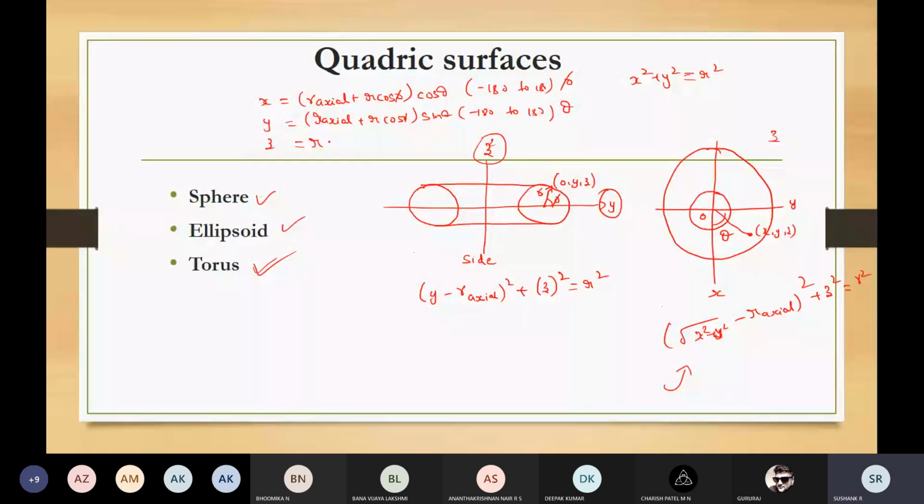These are the corresponding parametric equations for this object called a torus with a circular cross section.